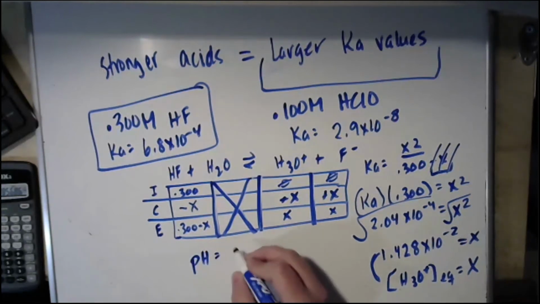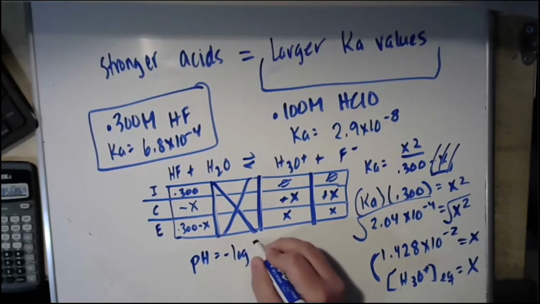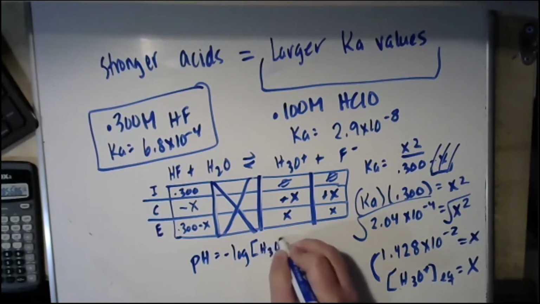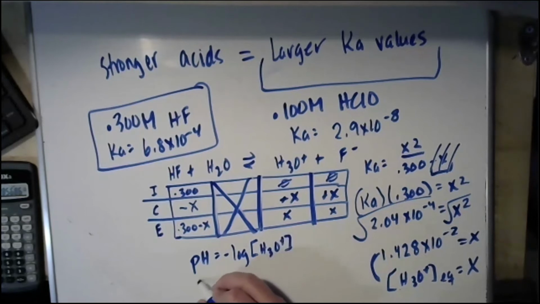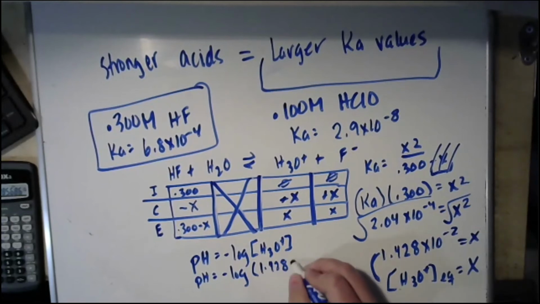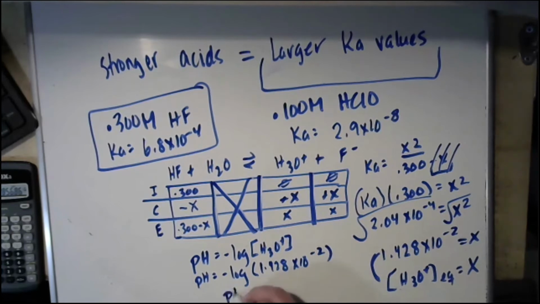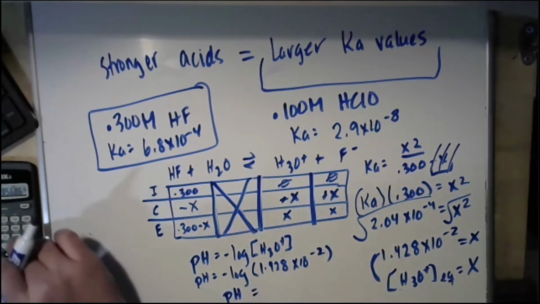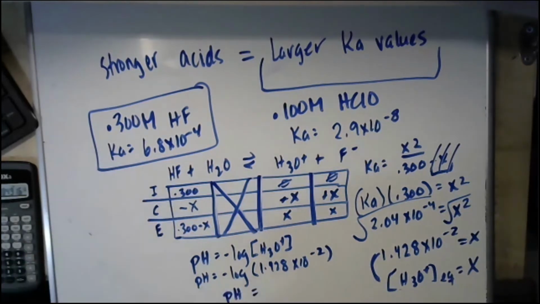Our pH is going to be the negative log of our H3O+, so the negative log of 1.428 times 10 to the negative 2. So our pH is going to be 1.85.